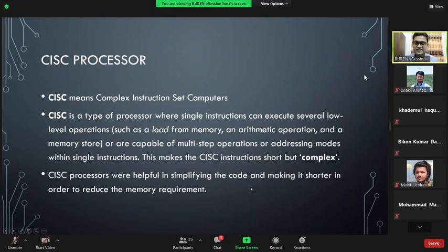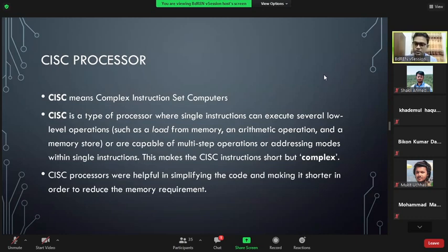Although it says it's simplified, inside that one line of code you actually have several other codes. That's why we call it simple, but it's actually not simple.